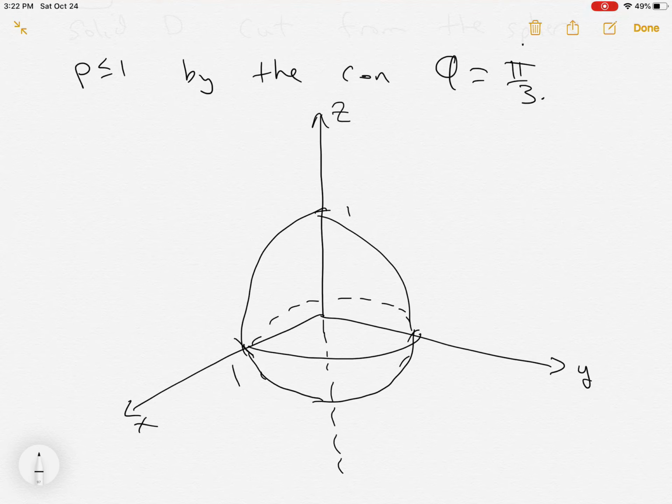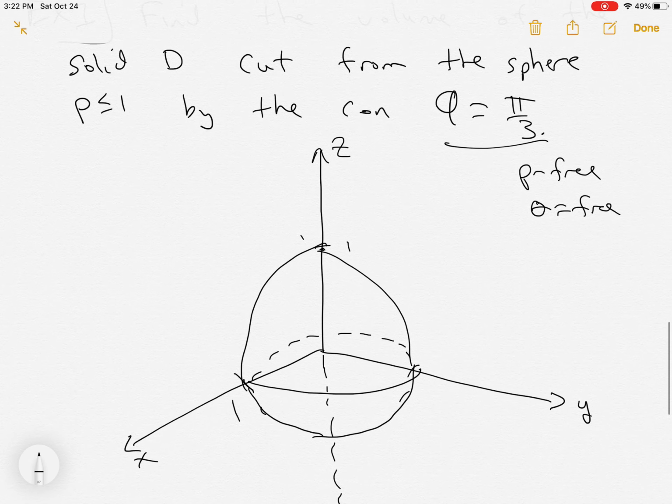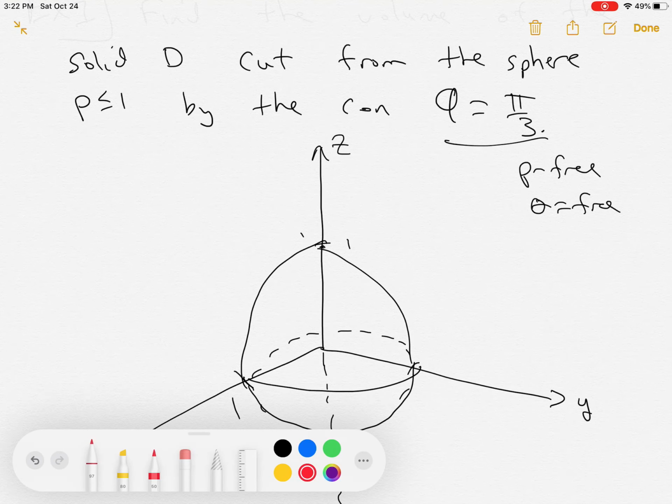Right, these are all ones. And then if phi is fixed at pi over 3, that means rho and theta are free. So here we have rho is free and theta is free. That's what makes it a cone.